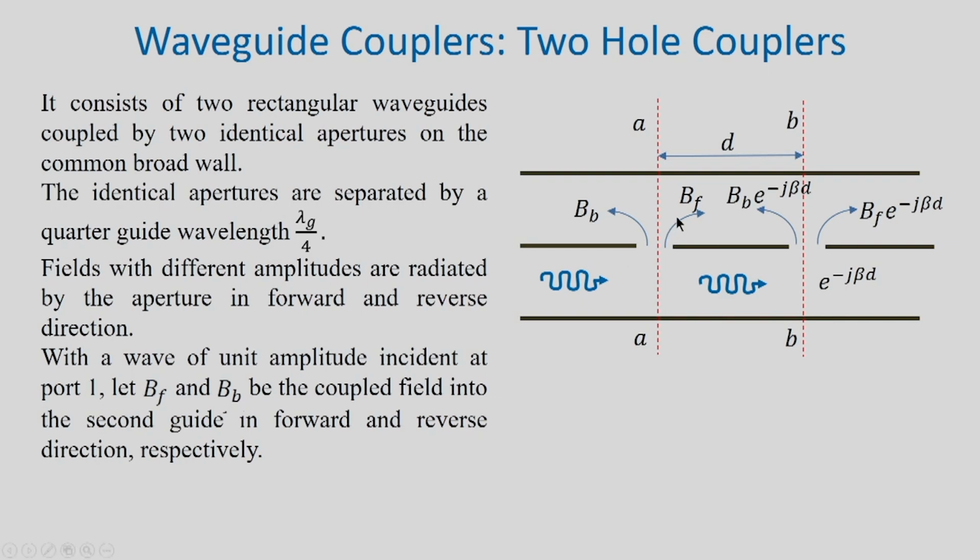BF is in the forward direction and BB is in the reverse direction. BB and BF are known as aperture coupling coefficients.